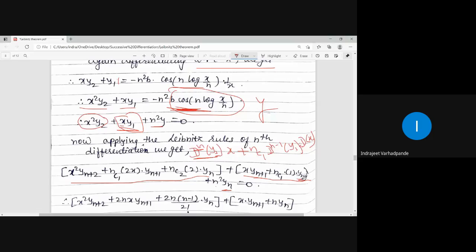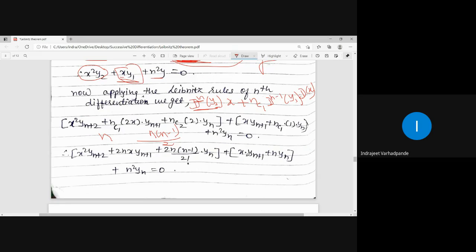Clear? Now collect the like terms and simplify. Always nC1 will be n, and nC2 will be n into n minus 1 upon 2 factorial. 2 factorial is 2. Clear? It will always be like this.